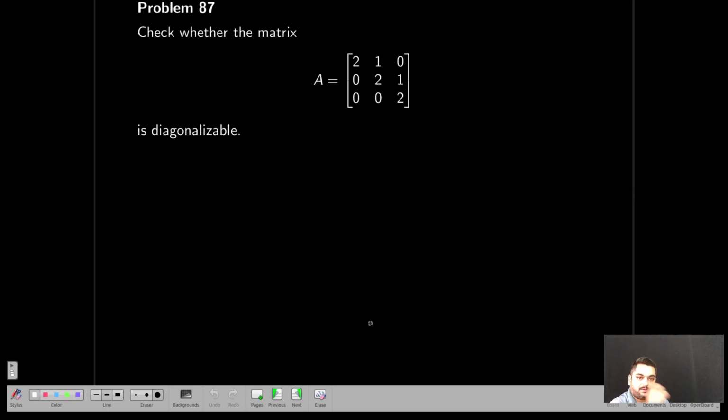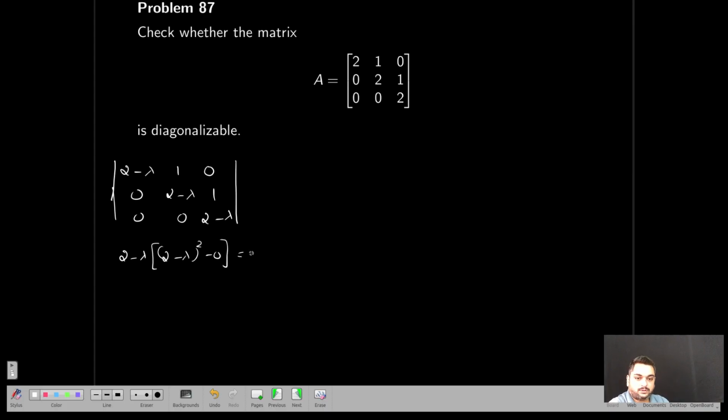Next, check whether this matrix is diagonalizable. First, find the eigenvalues. The determinant of [2 minus lambda, 1, 0; 0, 2 minus lambda, 1; 0, 0, 2 minus lambda] gives 2 minus lambda into (2 minus lambda) square minus 0 equal to 0.